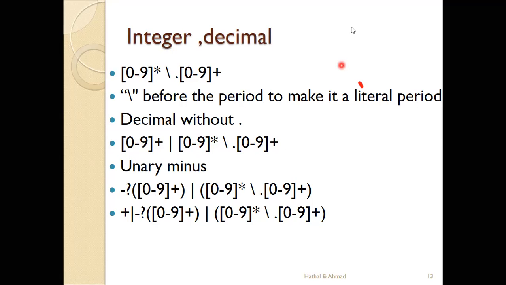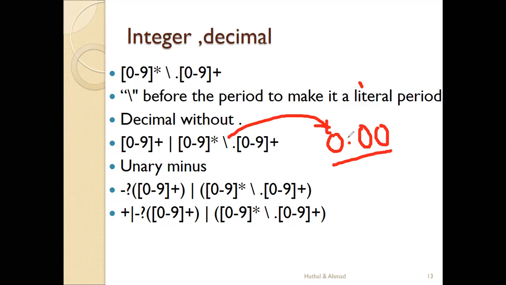For example, .99, where before the dot there is nothing, I just represent it as 0. You can say it is 9.99 without any digit before the decimal point. But if you use the other expression, then at least one digit should be there before the dot, for example, in 4.5.